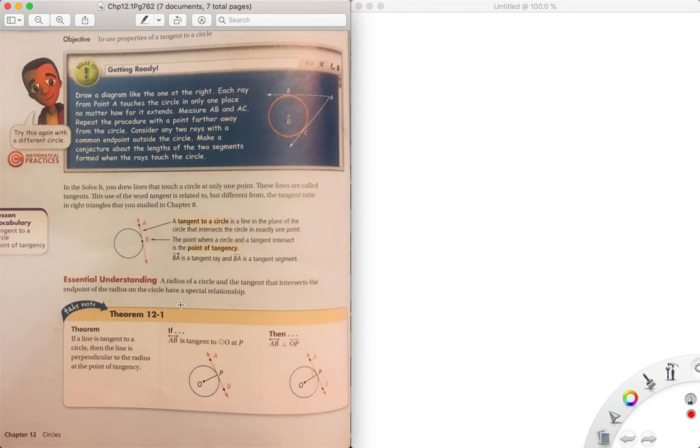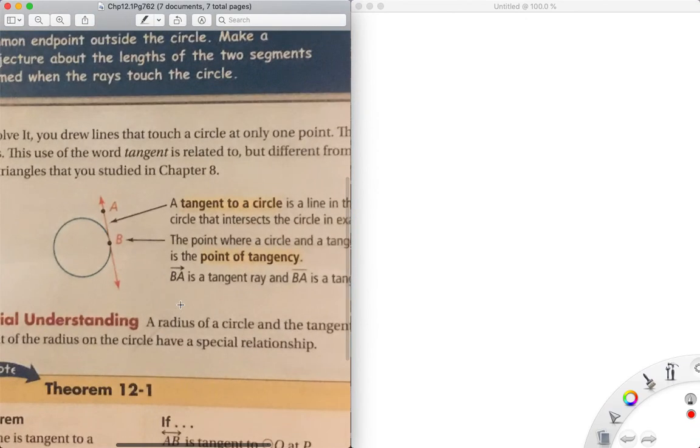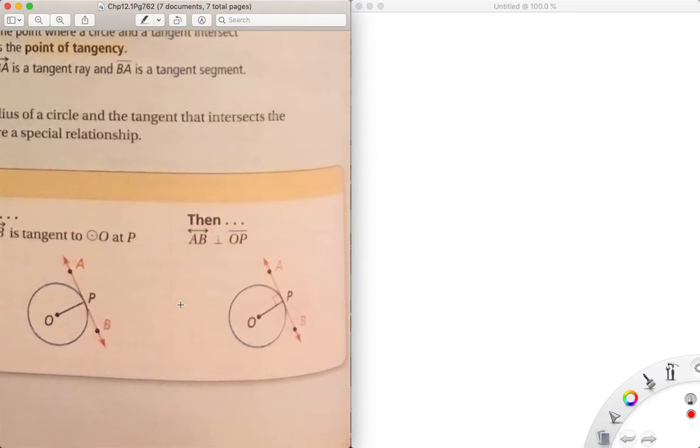Theorem 12.1 says that if a line is tangent to a circle, then the line is perpendicular to the radius at the point of tangency. We're told that line AB is tangent.